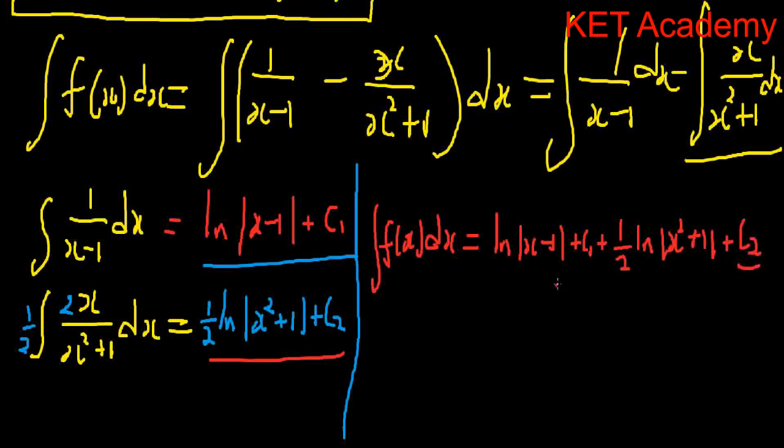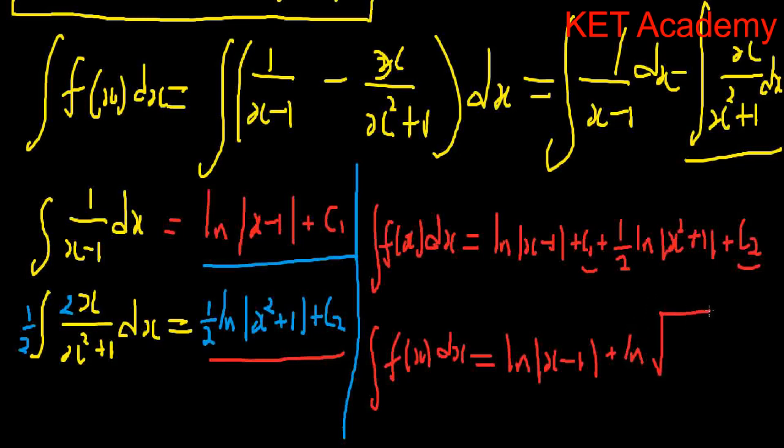Now adding a constant and another constant will give us a constant, so our final answer will be the integral of f of x dx equal to the ln of the absolute value of x minus 1, plus, actually you can write it as, ln of the square root of x squared plus 1, plus k. Now I like using the constant k because it is the letter that begins with my name. So that's our final answer.